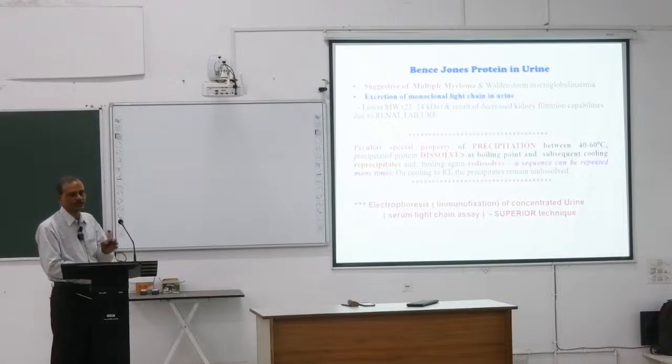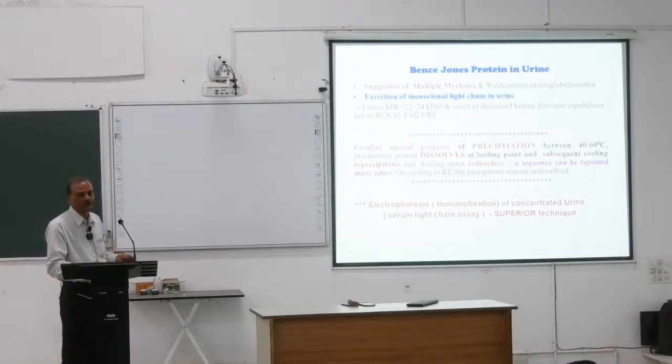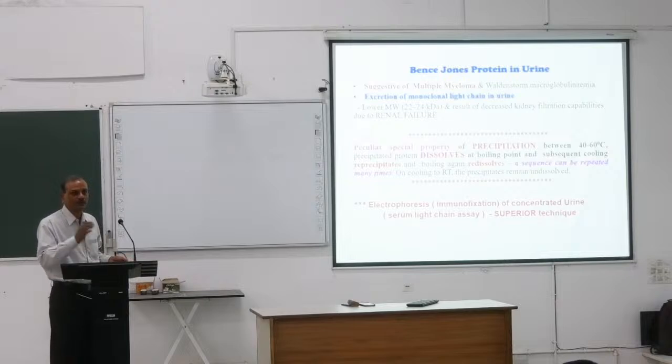Normally, when protein is heated, it coagulates at a high temperature, and once coagulated, no renaturation is possible. That is an irreversible process. But here there is a peculiar special property: it precipitates at 40 to 60 degrees, when albumin doesn't get precipitated, and it redissolves at boiling point.